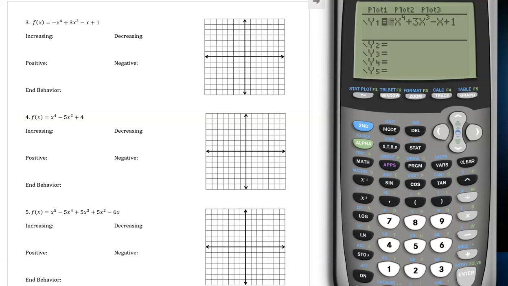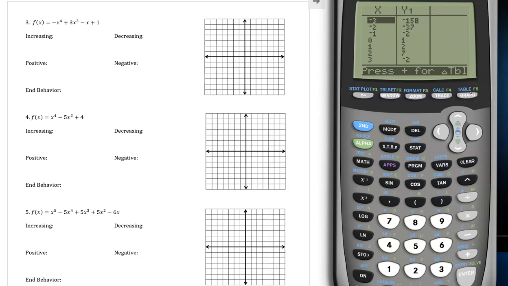So for the next several problems, I'm going to do most of the work offline, but I'm going to show you how I do it. So I've given f of x. I put it into my calculator as y equals, I put in the function. And then I can check the graph, and then I can go and look at the table. From the table, I'm going to go ahead and create a t-table and plot my graph onto the small graph paper on your note sheet.